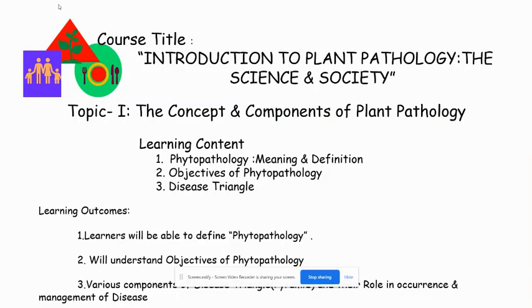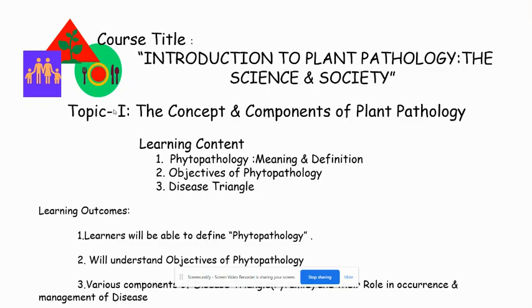Good morning, everyone. So, today we are here at topic 1, that is the concept and components of plant pathology of this short term program titled Introduction to Plant Pathology, the Science and Society. In this module, we are going to learn phytopathology, the meaning and definition of plant diseases, its objective, and the concept of disease triangle.